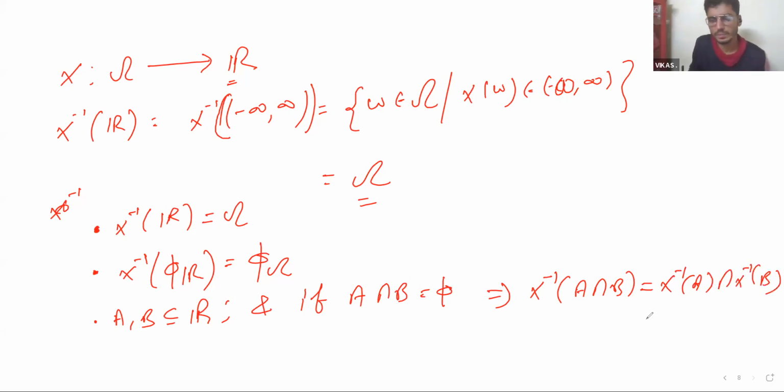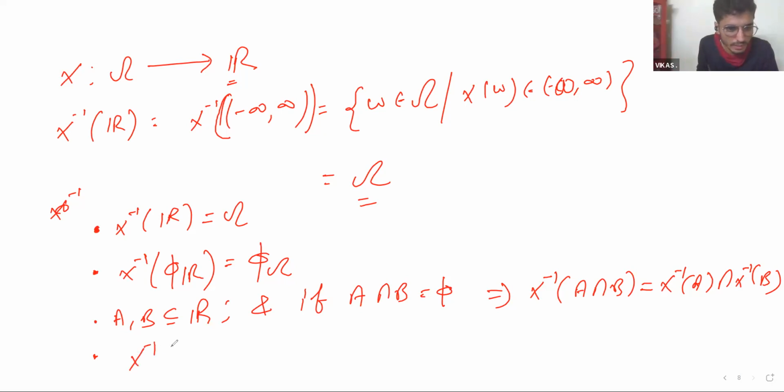This is also a property of the function, that intersection is preserved. You should remember what properties are preserved when we take the inverse image of any set from the codomain in a function. And the final property is okay.